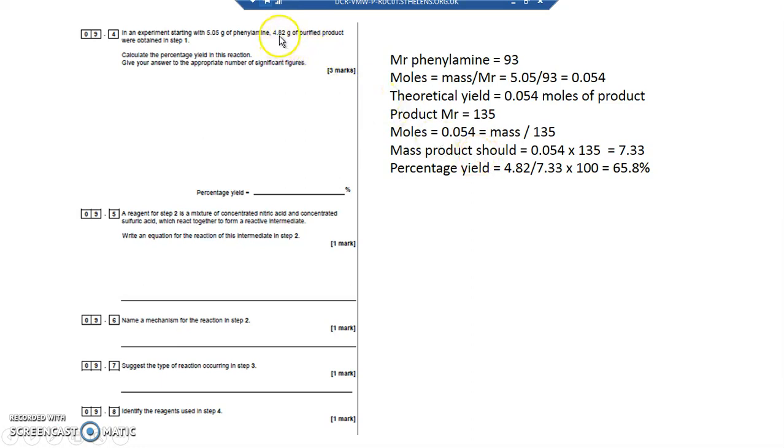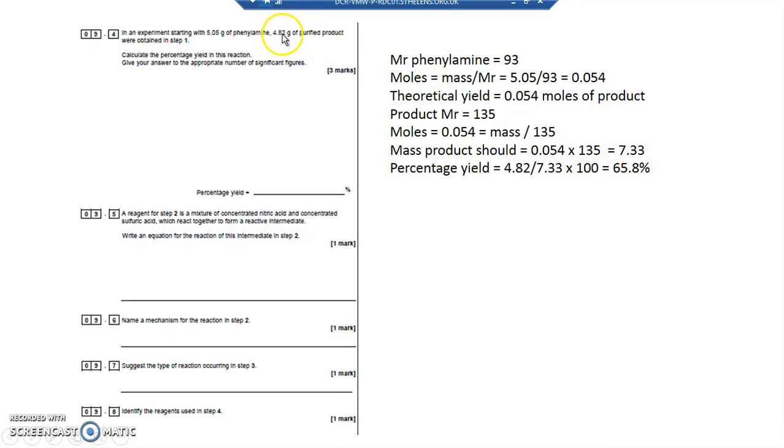Now it tells me that the amount of product that's made is 4.82 grams. Well, if I know the number of moles of product that I make, which is 0.054, which is the same as the phenylalanine, moles is mass divided by MR. I've got 135 as my MR. I can work out the mass, which is 0.054 multiplied by 135. 7.33 grams should have been made.